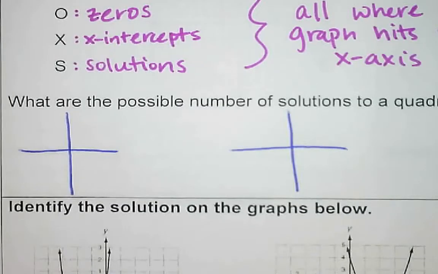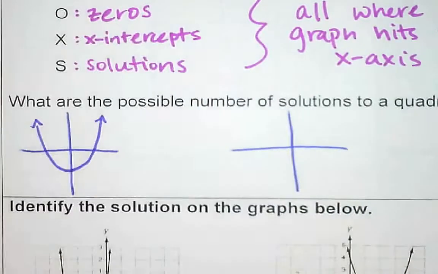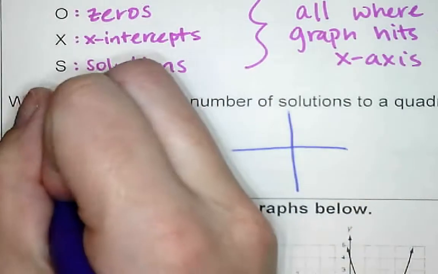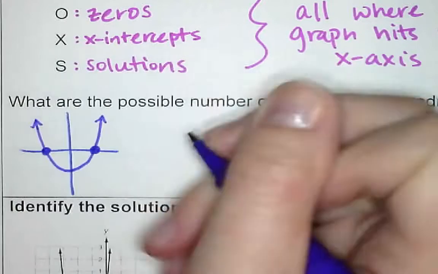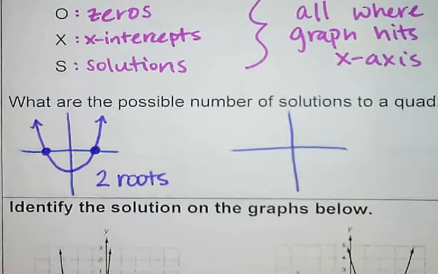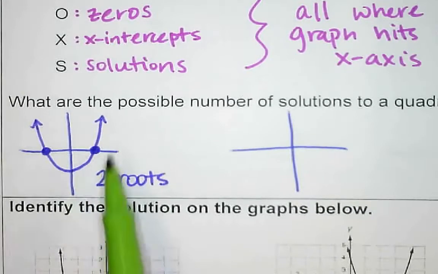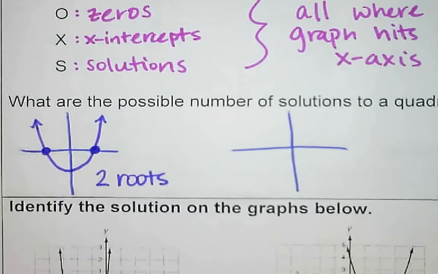Well, guys, this is going to be your most common: when you have a parabola that crosses your x-axis 2 times, how many solutions would we have? 2 solutions, or I'm going to call them roots this time. I could say 2 roots, 2 zeros, 2 solutions, or 2 x-intercepts. This is probably your most common type of solution, okay?